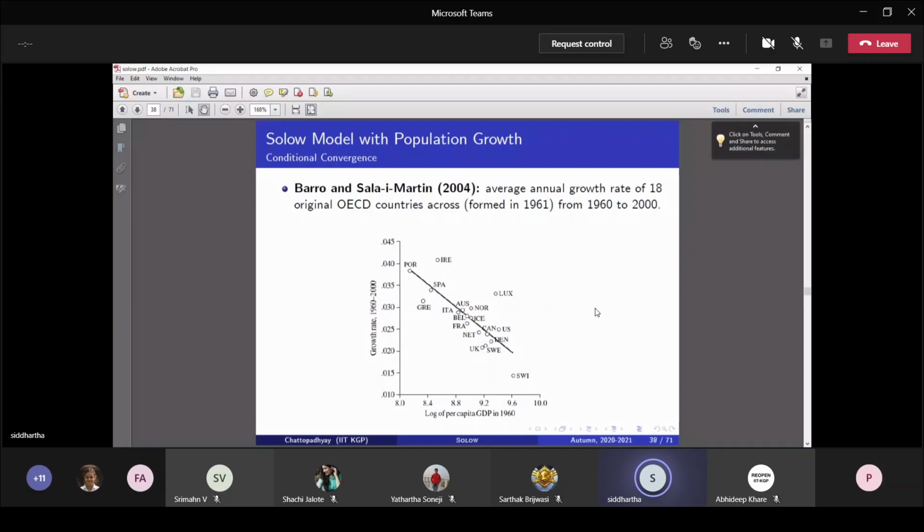And the same thing they have plotted over here: log of per capita GDP in 1960 of those countries, and the average growth rate of those countries over 40 years. And now you are getting a negatively sloped line. Now you are getting the poor countries among the rich countries. The poorest country among the rich countries has the highest growth rate.